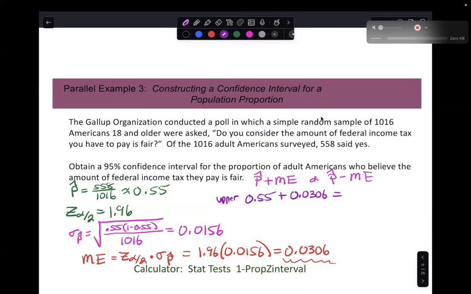So I have 0.5806 approximately. My lower, 0.55 minus 0.0306. Zero point 5194.